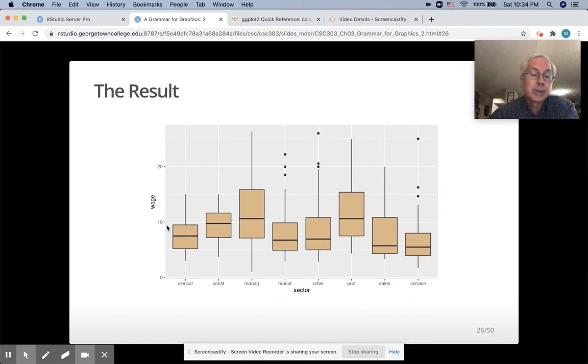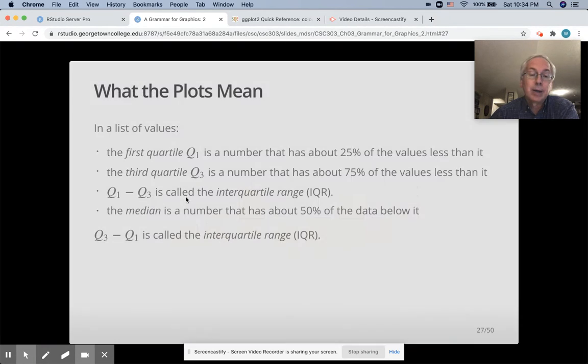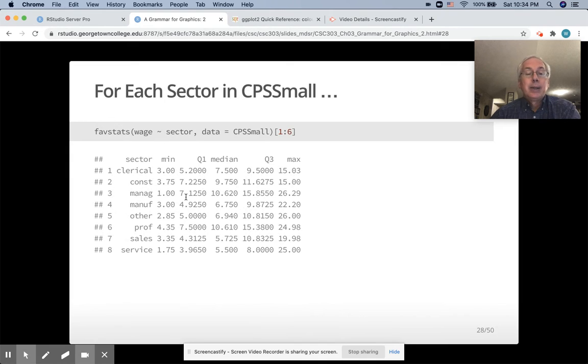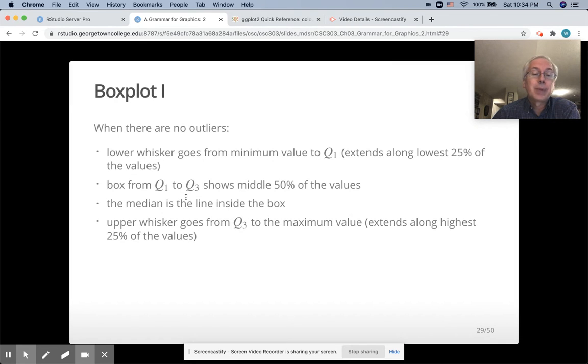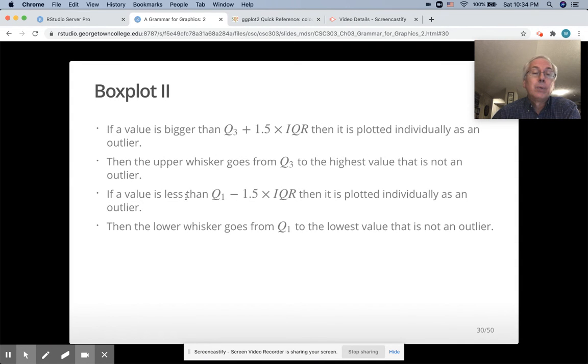We can compare on this axis. And then the whiskers extend down to the minimum value and extend up to the maximum value. We can see that that's generally what's going on in all the cases here, except for those that have outliers. So let's talk about now how we determine outliers.